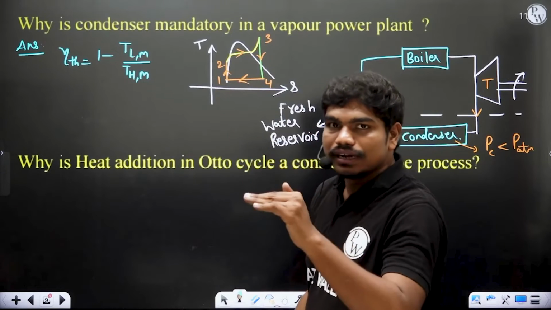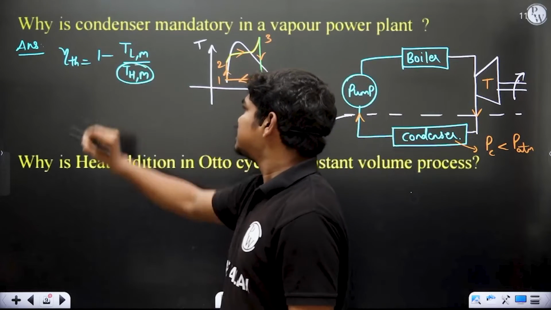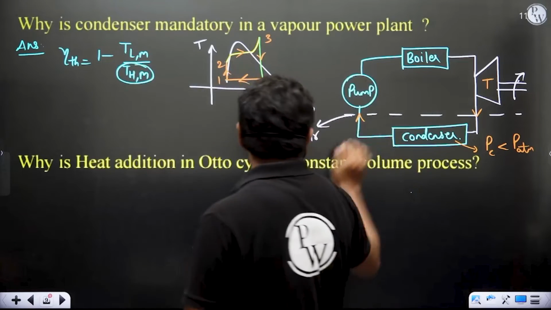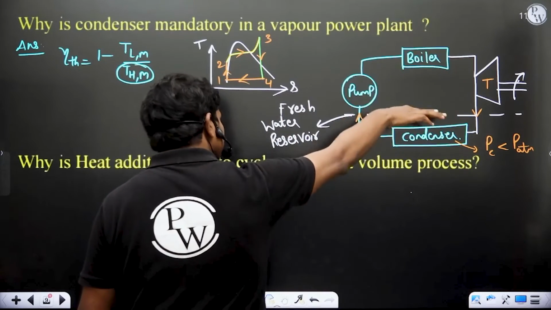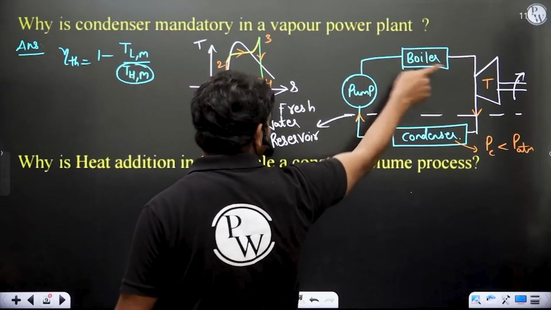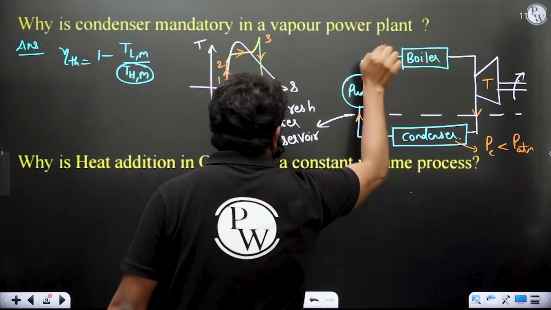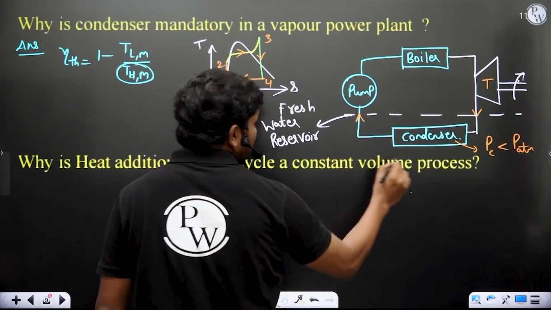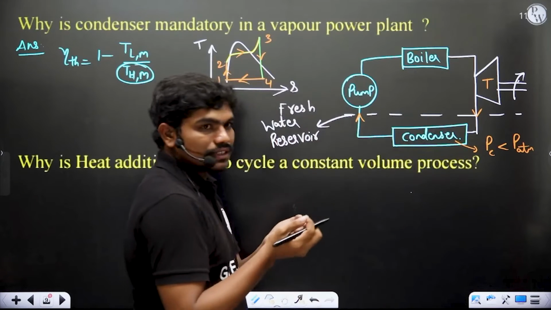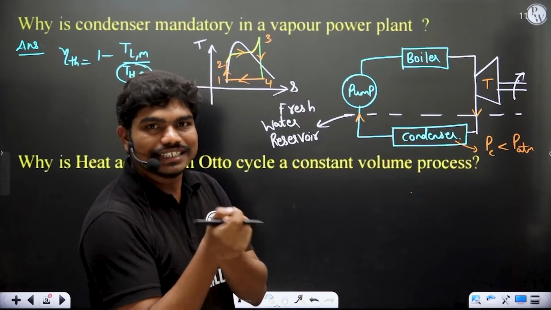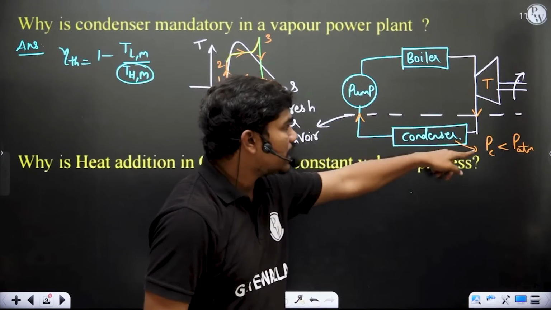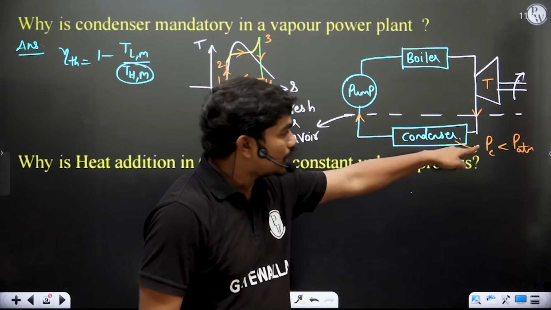Now since heating is done from 2 to 3, we define a mean temperature of heat addition. If you have a condenser or a water body, this THM doesn't change. But if you are not using a condenser, try to understand, the phase change happens in the condenser, and the temperature of phase change is directly proportional to pressure, and here we are changing the phase at a low pressure, lower than atmospheric.